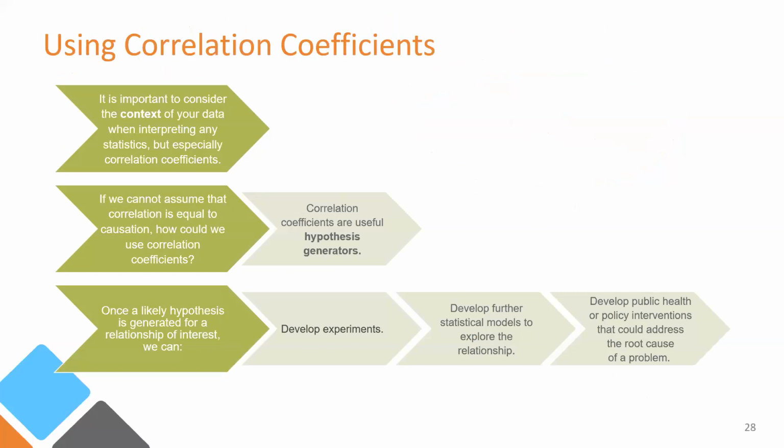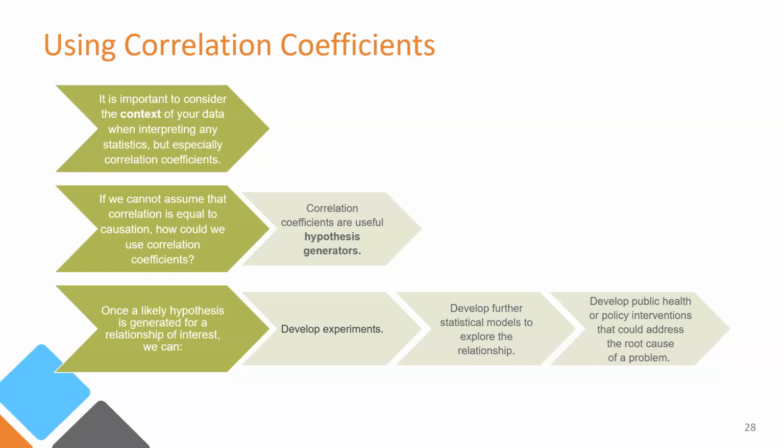To summarize, when we're using correlation coefficients, it's important to consider the context of your data when interpreting those statistics. And if we cannot assume that correlation is equal to causation, how do we use correlation coefficients? Well, correlation coefficients are most useful as hypothesis generators, and they're most useful to come up with explanations for why the world is the way it is.